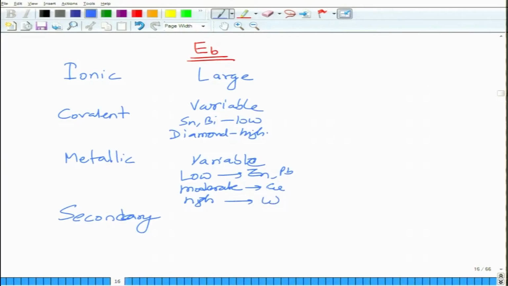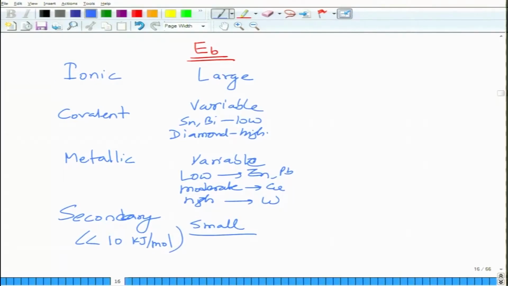Of course, defining the boundaries is not very easy. Secondary bonding is very small. It will have a bond energy of less than 10 kilojoules per mole, typically less than 5 to 10 kilojoule per mole. In fact, it is even lower than that.